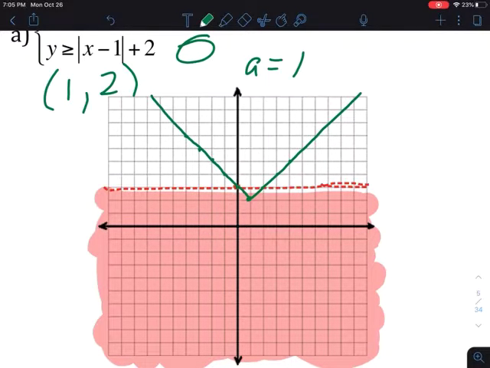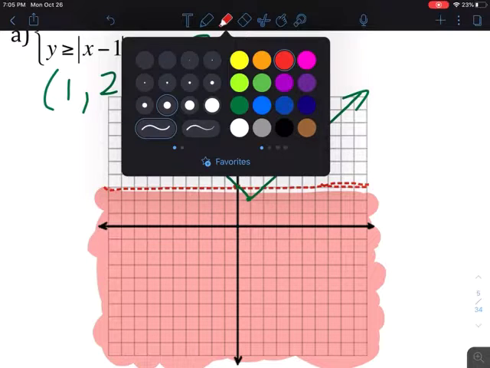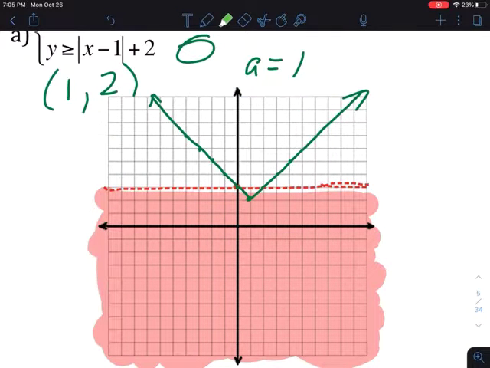Notice I drew solid lines because right here I have the underline. Now the shading, it's greater than, so that would be above. So above my graph.